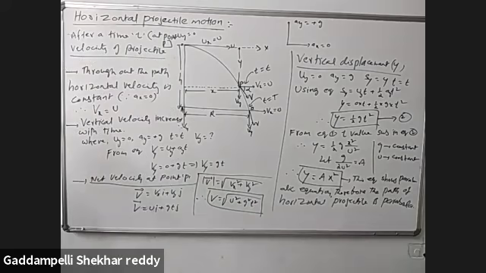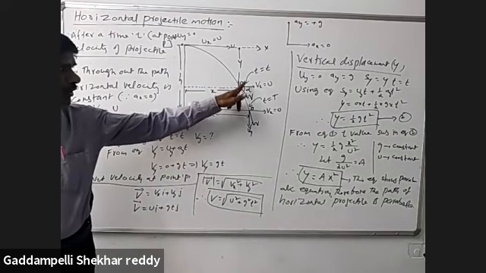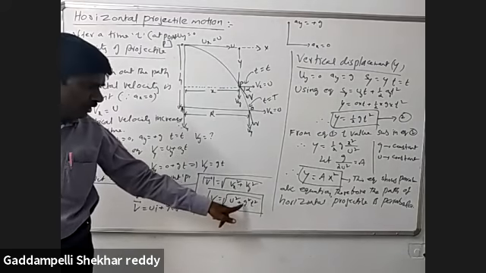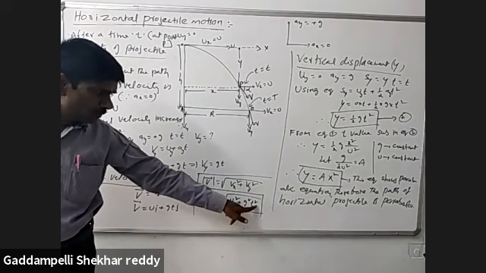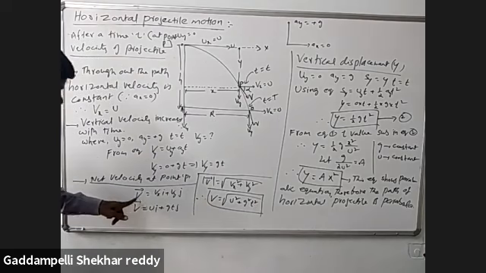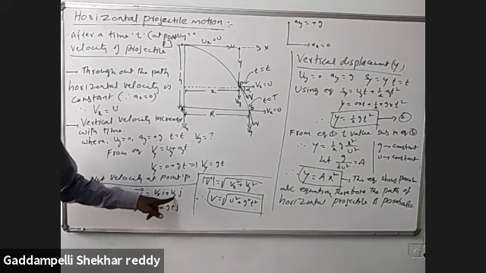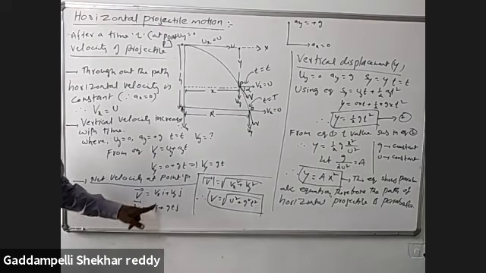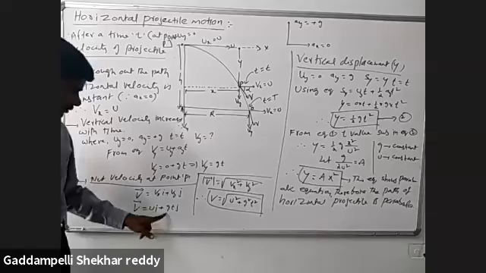Okay, the velocity of the horizontal projectile after a time t, how much? V is equal to under root of u square plus g square t square. This is in magnitude form. In vector form, V bar is equal to Vx i plus Vy j, so Vx is equal to u, Vy is equal to gt j.